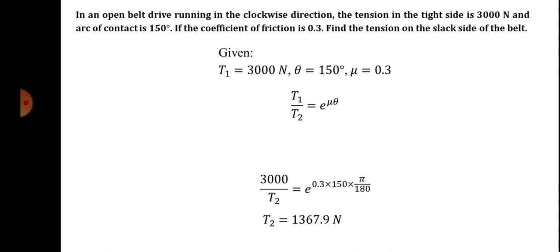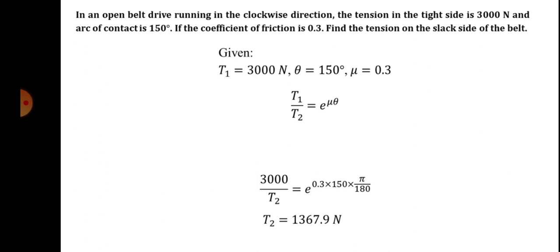I want all of you to please work out these problems, and at least check in the calculator whether you get these answers or not. The problems are very simple. You just need to remember a few formulas. One is the length of the belts for open belt drive and cross belt drive.